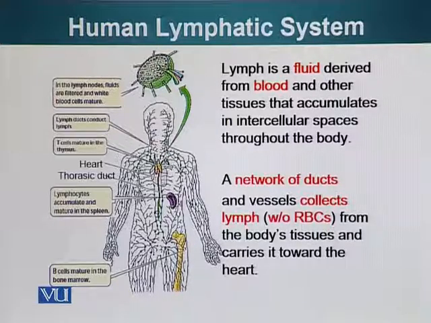While this lymph is traveling in the lymphatic system, it encounters these structures which I referred to as lymph nodes earlier. These lymph nodes, we'll see a larger photograph of this. These lymph nodes have a population of specialized cells, T cells and the B cells, which are performing an inspection.